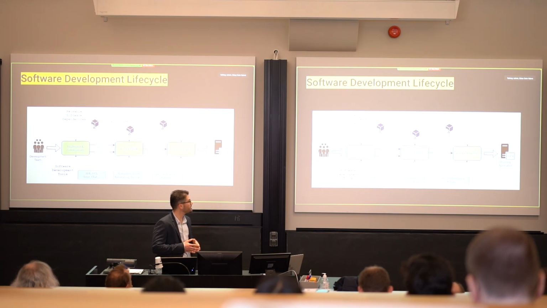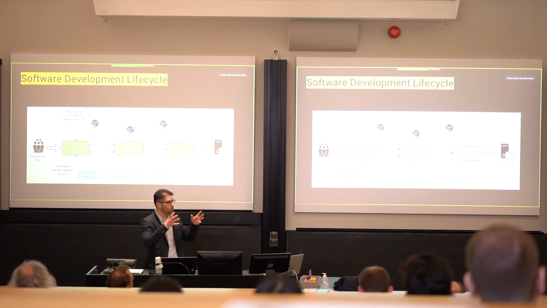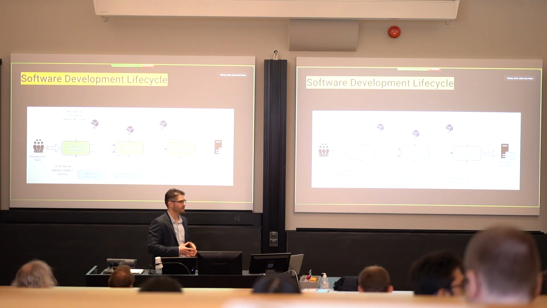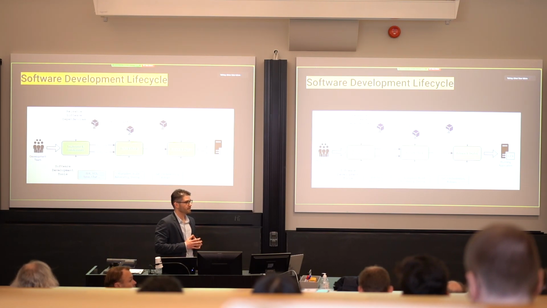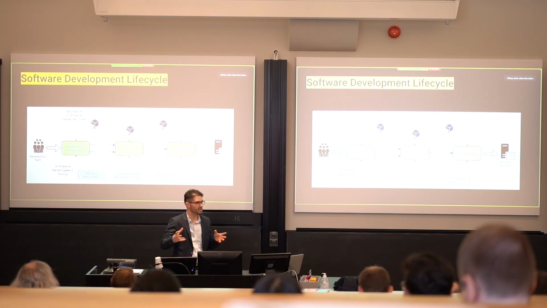And dependencies exist in software repositories. So software repositories host these dependencies, where package managers pull them and put them inside the software development lifecycle. And they are part of the whole process, especially in the deploy phase, where the code is bundled and then deployed as well.